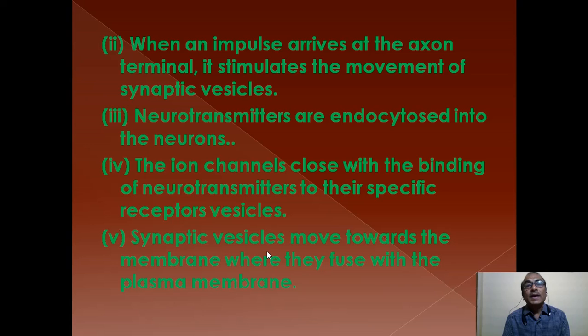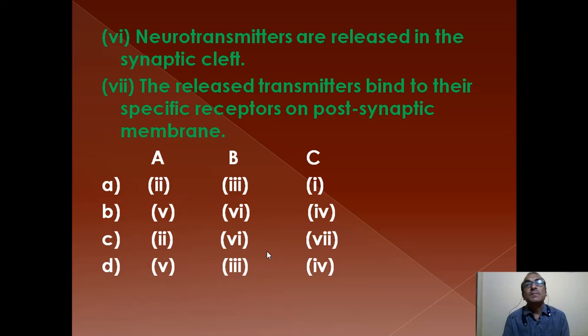Then the ion channels close with the binding of neurotransmitter to their specific receptor vesicle. Synaptic vesicles move towards the membrane where they fuse with the plasma membrane. Neurotransmitters are released in the synaptic cleft. The released transmitters bind to their specific receptors on the post-synaptic membrane.